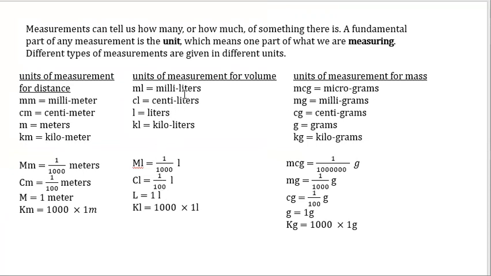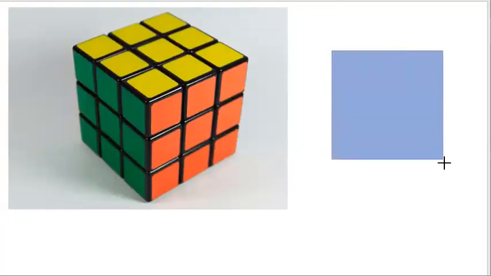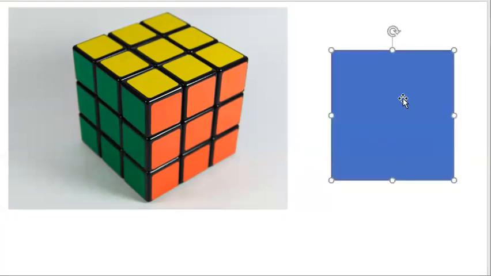Because this is a cube, unlike this triangle here, this triangle is 2-dimensional. So let's say we had, let me say triangle, my bad, square.